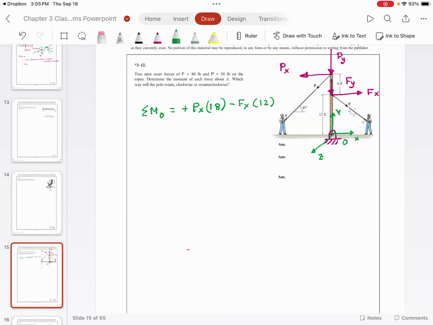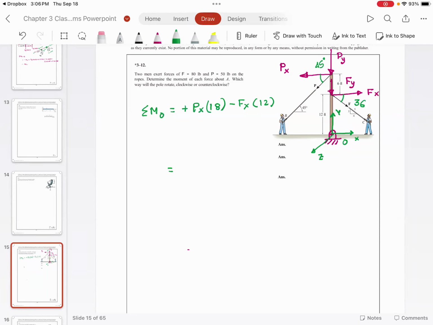And then what you need to do is substitute the values. Since this angle is 45 degrees, this angle is 45 degrees. And some of you can tell me what this angle is quickly. I think this angle would be tan inverse of 3 by 4, which is 36 degrees.